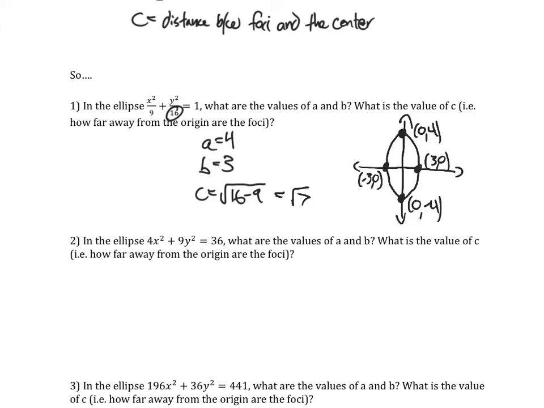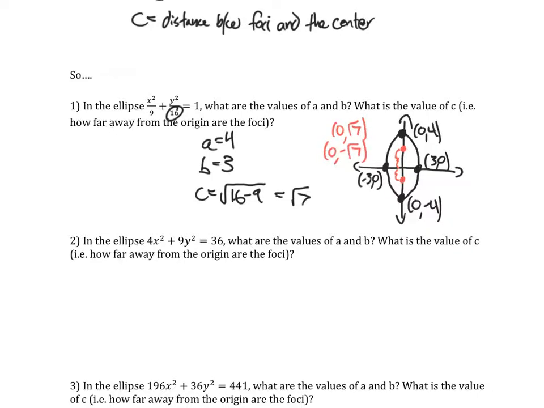And the foci are always going to lie on the major axis. The major axis connects the vertices, so I know it's going to be the y-axis here. So the foci always need to be inside the ellipse. Since c is root 7, that's the distance between the foci and the center. So my coordinates of my two foci would be (0, root 7) and (0, negative root 7).